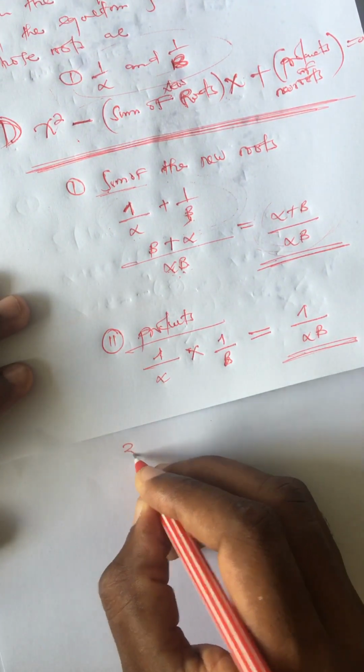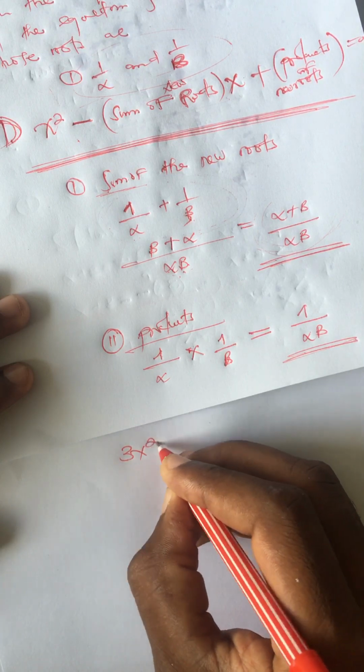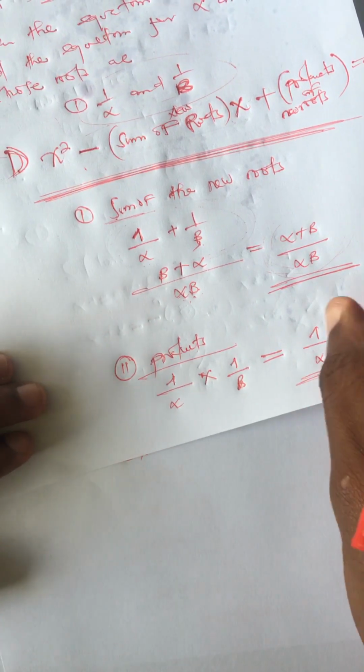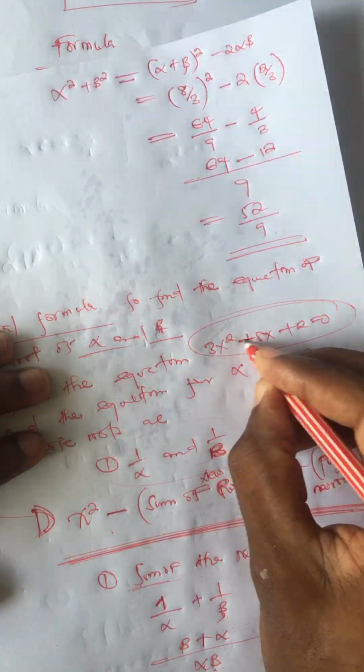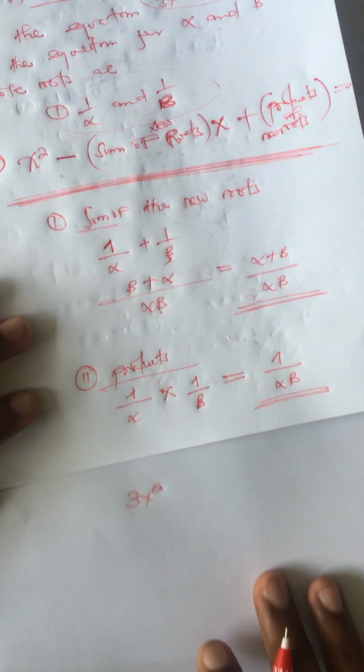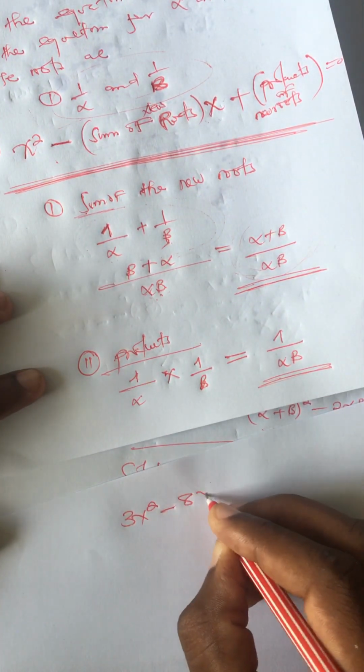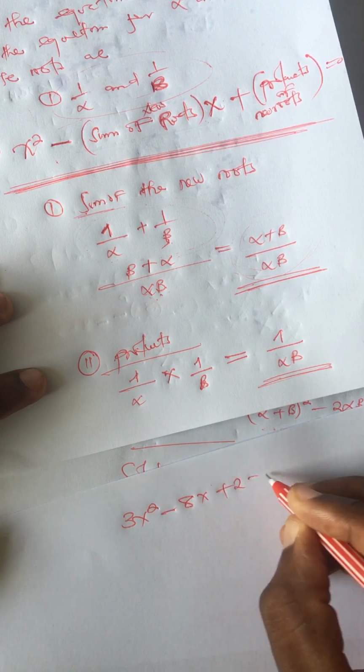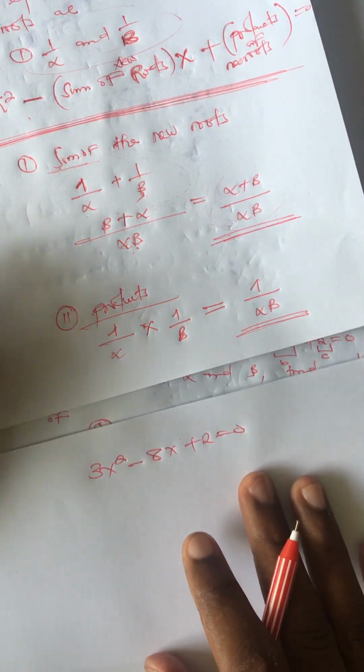So we have 3x squared minus 8x plus 2 is 0, like that.